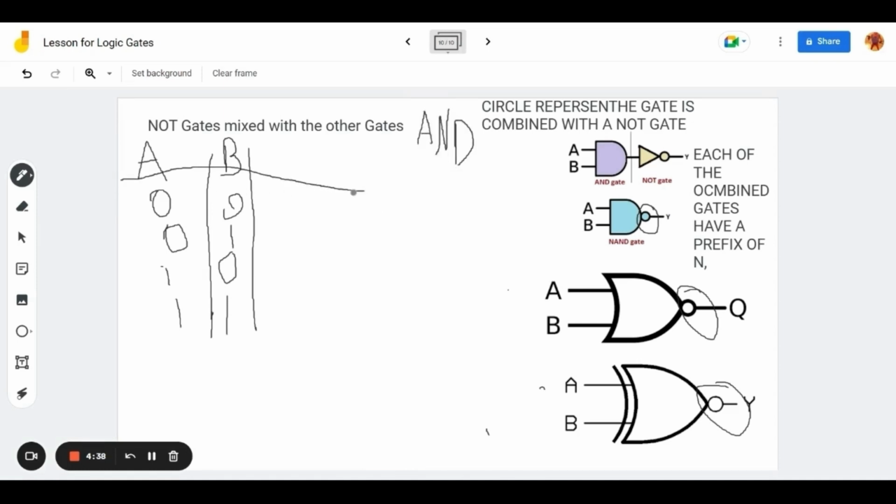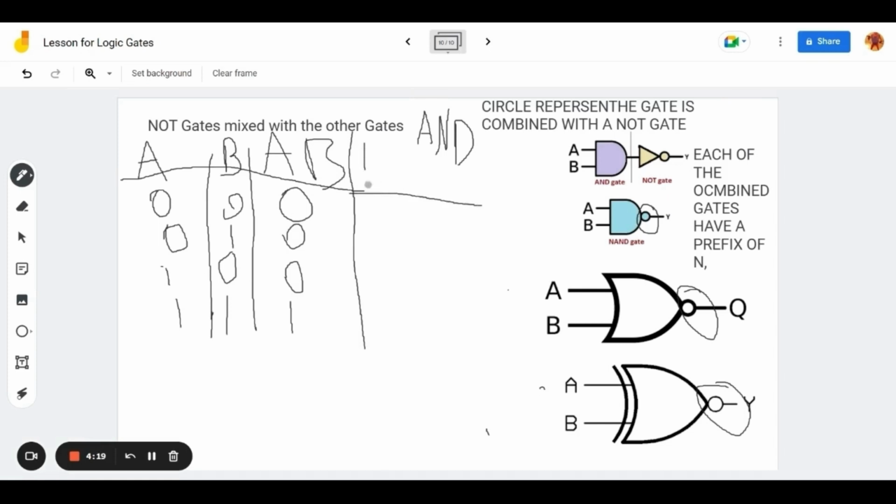We do the same exact thing. We multiply A and B together. 0 times 0, 0, 0 times 1, 0, 1 times 0, 0, 1 times 1, 1. Except after we multiply them together, because we're doing the AND gate here, we also invert it.